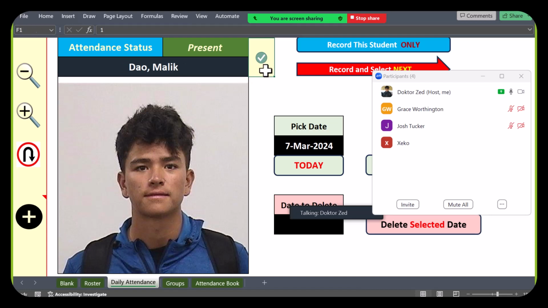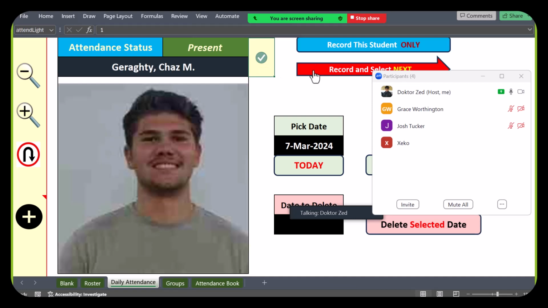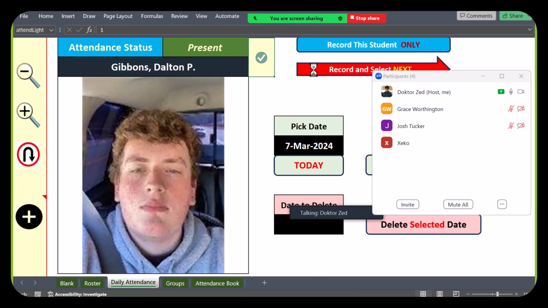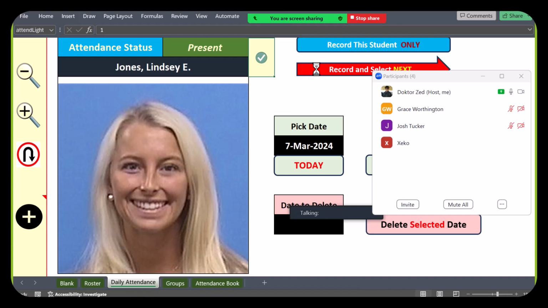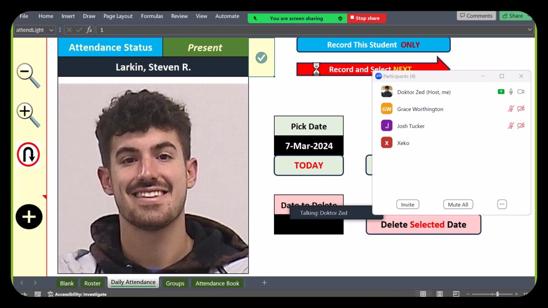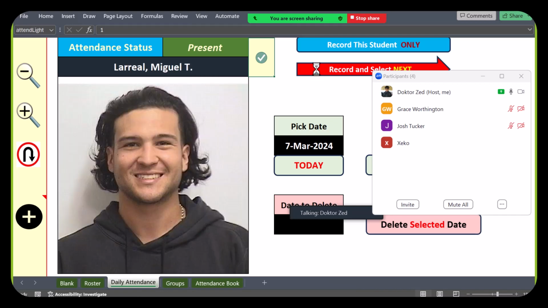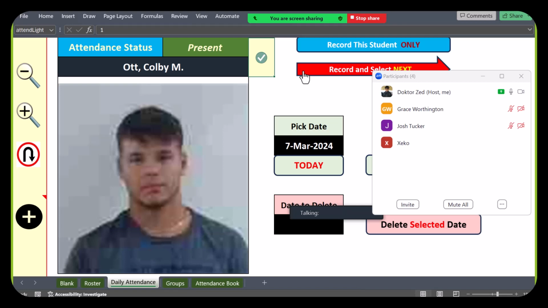Oh, they have golf thing. Christina, Chaz, Gibbons, Hawes, Casey Hawes, Lindsay, Justice, Larkin, Miguel, Meacham, Colby.